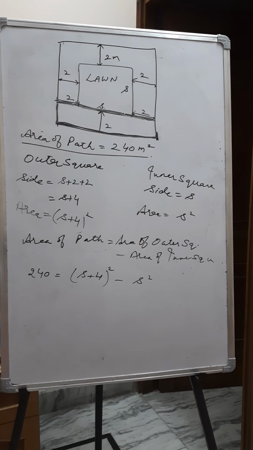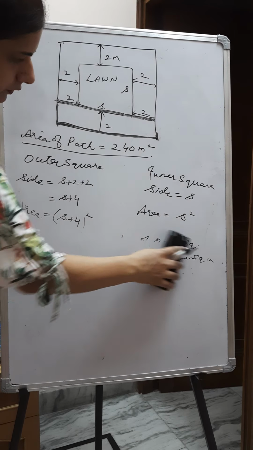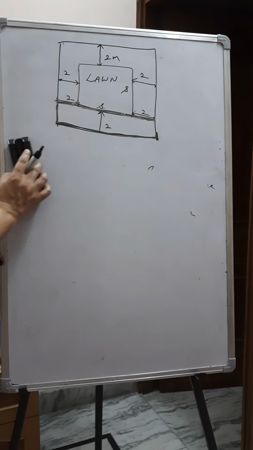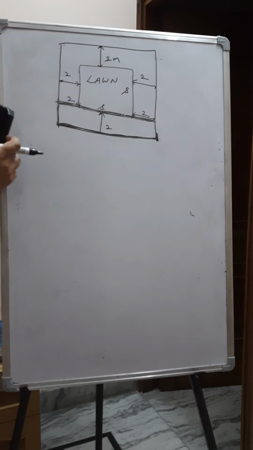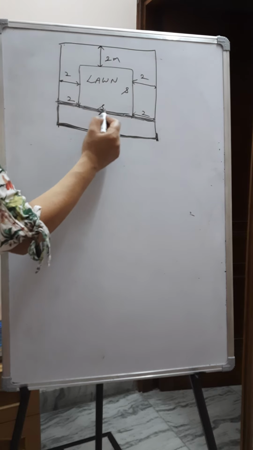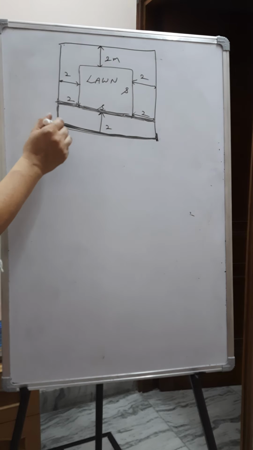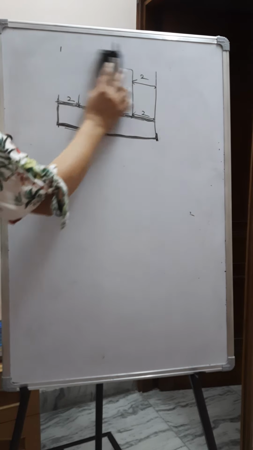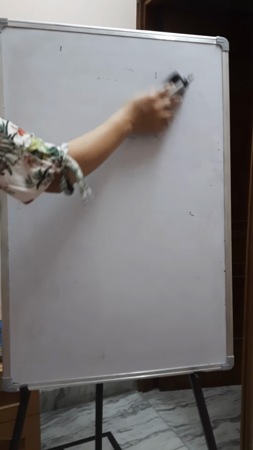Question number 7 of the book. Here you are given the inner and we have calculated the outer by adding these two widths. In question number 7, you are given the outer and come to the inner.